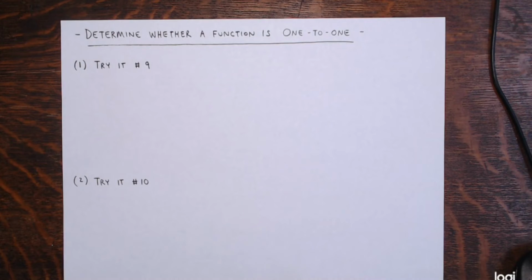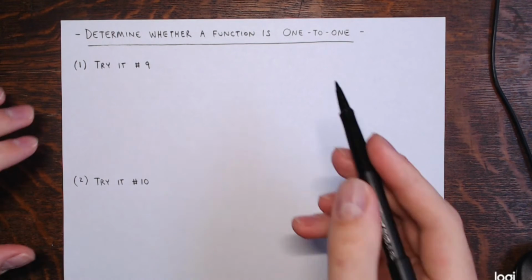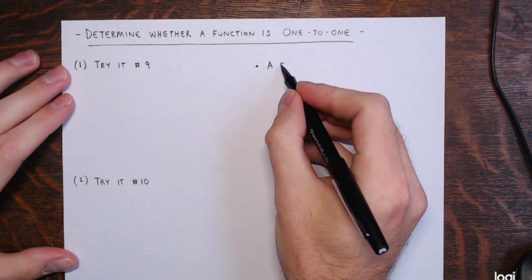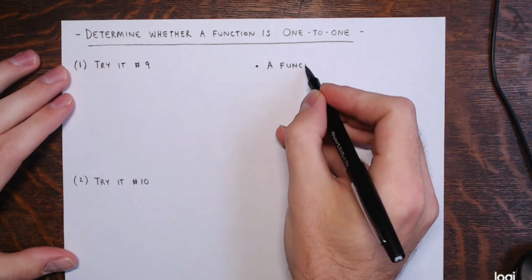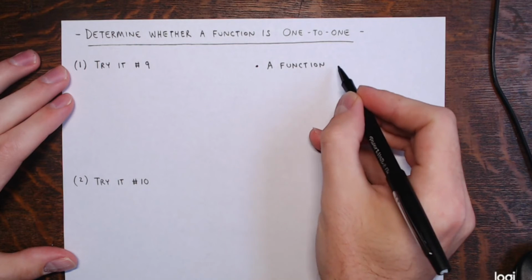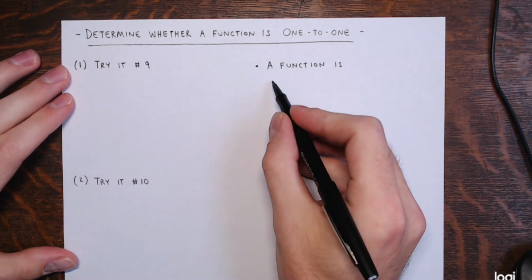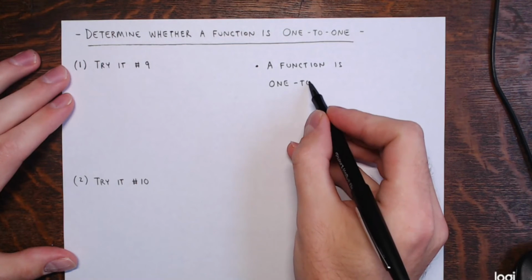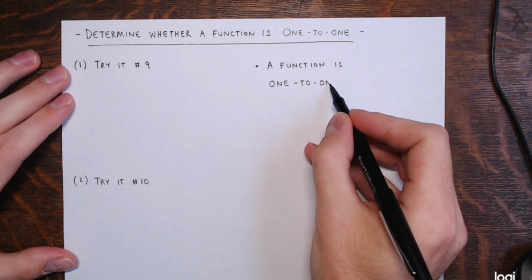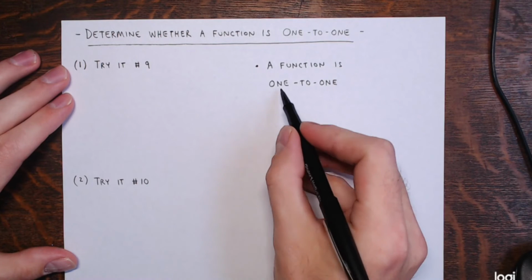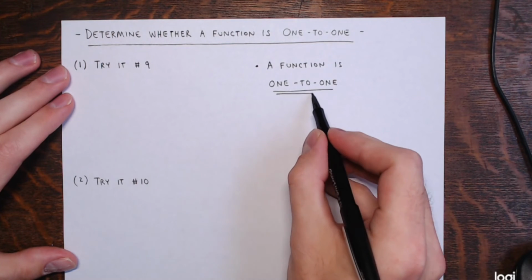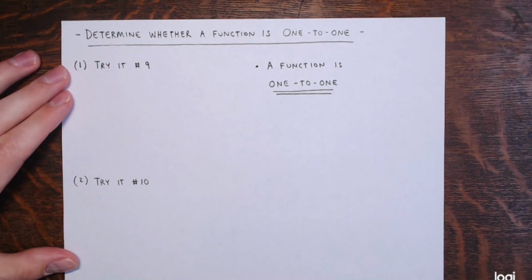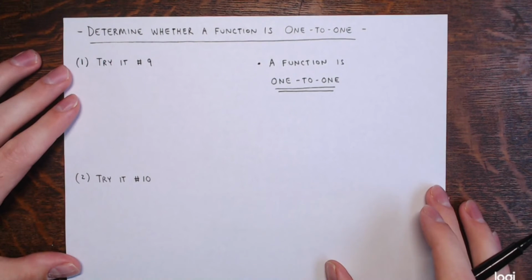A definition. A function is one-to-one if each output is paired with exactly one input.